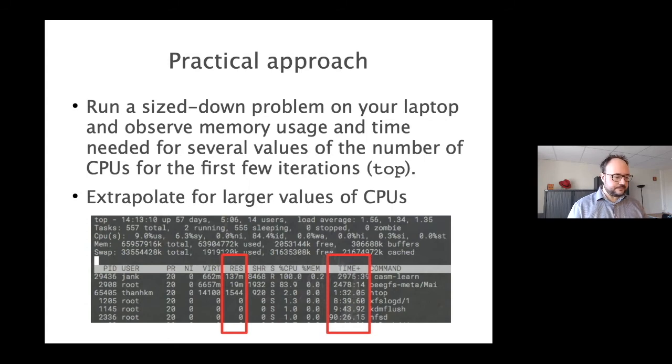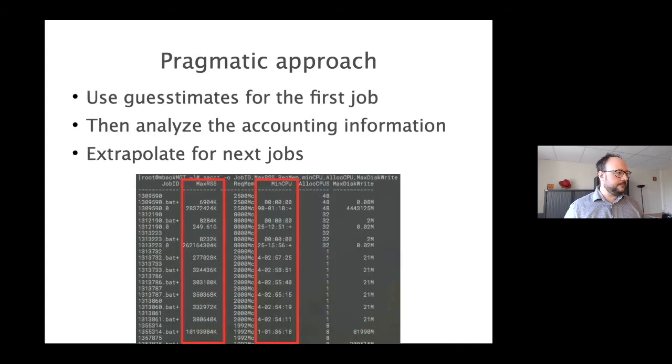Another approach is, pragmatically, to use guesstimates for the first job, or use very large values. Of course, if you request too few resources, your job will be killed. We've seen earlier that if you request too small an amount of time, your job will be killed and you will have a message about the time limit. The same holds for the memory. If you request not enough memory and your job tries to use more, Slurm will kill it.